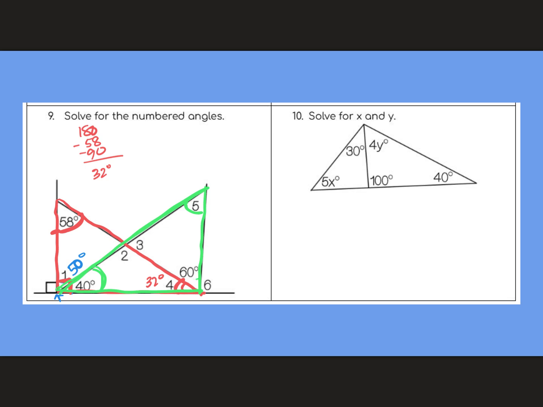And then this angle down here, even though it's not written, I can find because I know part of it's 60 and the other part's 32. So this entire angle is going to be 92 degrees. So kind of the same deal. I know it's 180 total. I'm going to get rid of the angles I already know I'm using. So if we do this subtraction, I get 48 degrees for angle 5.